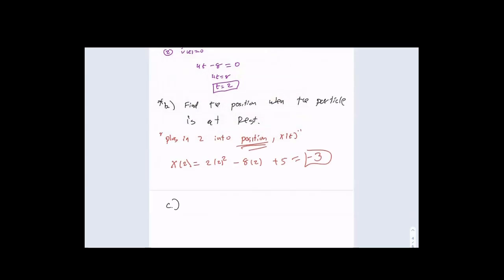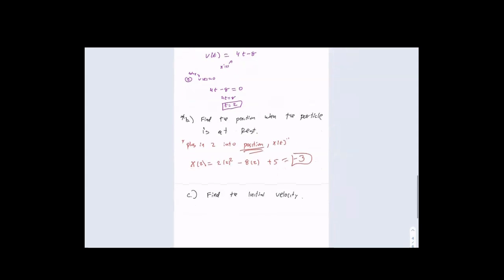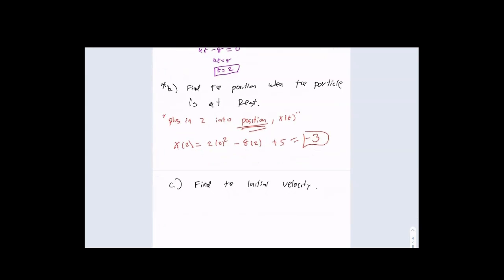C. Find the initial velocity. Find the initial velocity. What do I have to do?